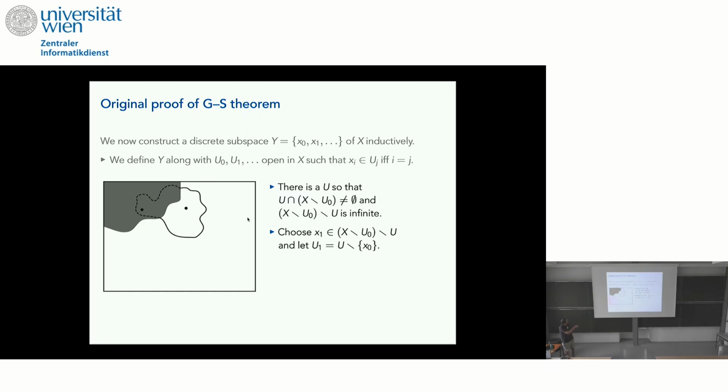Maybe it even contains this point, but points are closed, so we can delete them. So what's our next point? Well, we pick a point here in the space. That's our x1. And our witnessing set then is just going to be this open set minus that point. And we keep going. And this now produces the desired subspace.